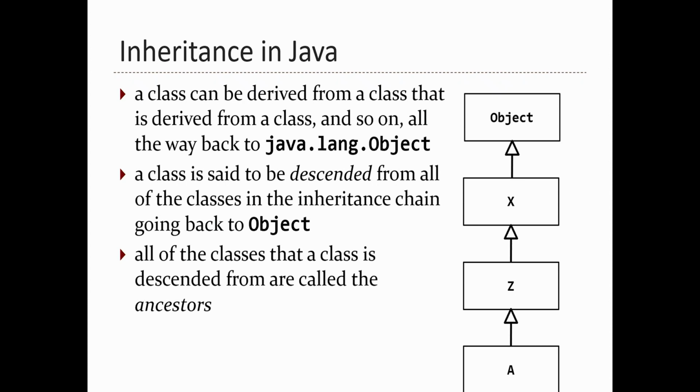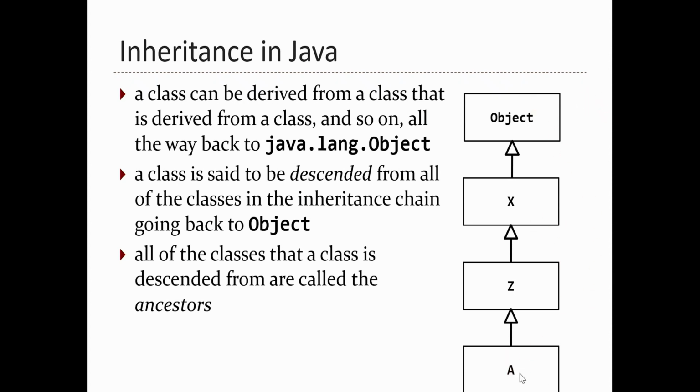In Java, everything is derived from Object, but it's not necessarily directly derived from Object. So here's Object. There might be a child class of Object called X. X might have a child class called Z, and Z might have a child class called A. But A is still derived from Object.